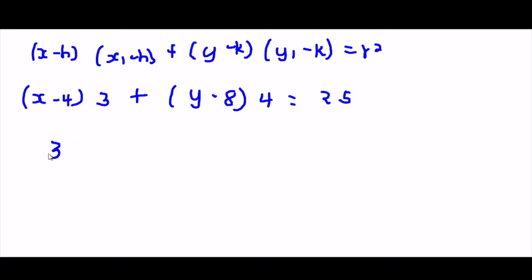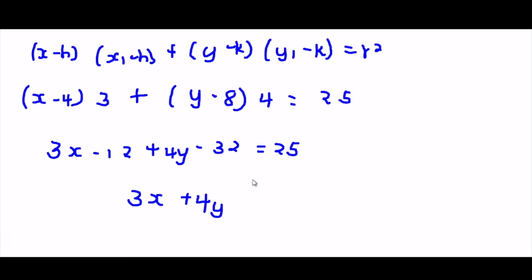So here we are left with our equation as 3x - 12 + 4y - 32 equals 25.